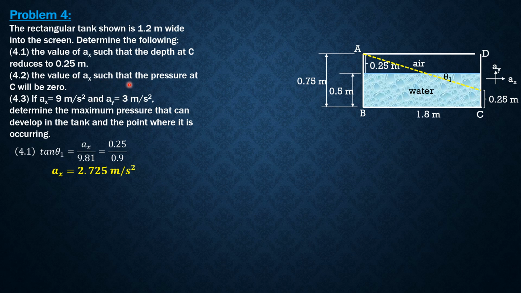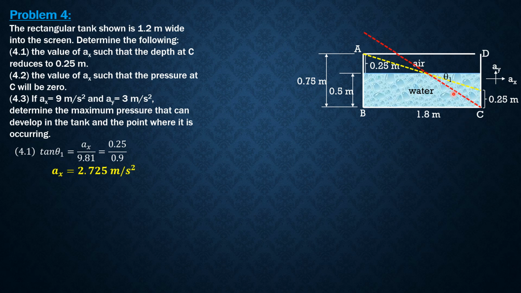And the value of A sub x such that the pressure at C will be 0. So for the pressure at C to be 0, the resulting liquid surface, water surface, should cross C so that no depth will be at C, or C will be exposed. Since that is only possible if the slope is greater than this first one, the expected water surface should cross the top cover as shown.